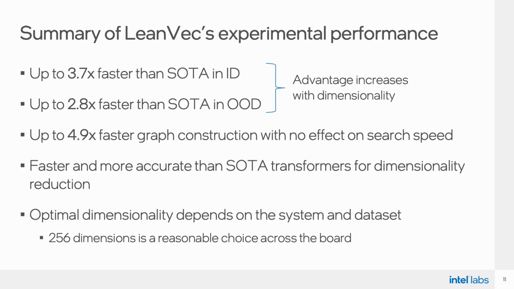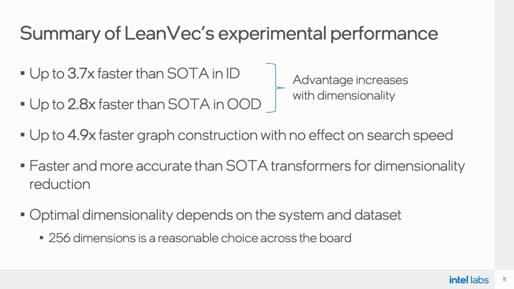In the paper, we have included many more different experimental results. I will just provide a summary here. In the in-distribution and out-of-distribution query setups, we can achieve up to 3.5x faster search and 2.5x faster search respectively. These advantages become more prominent as the dimensionality increases.